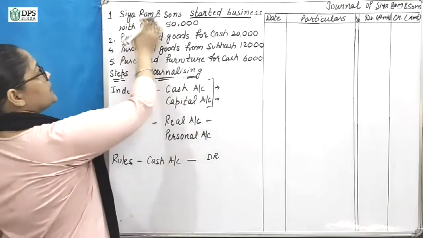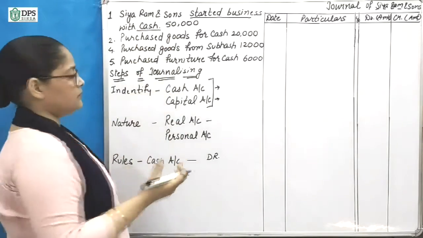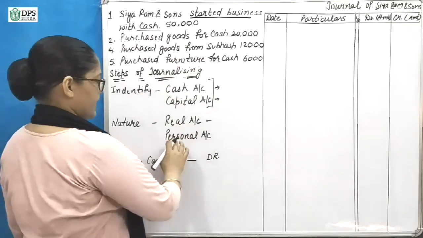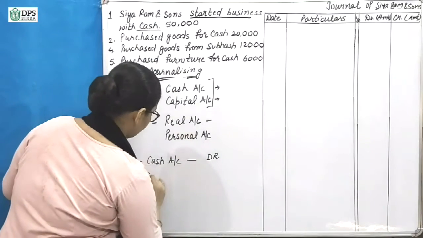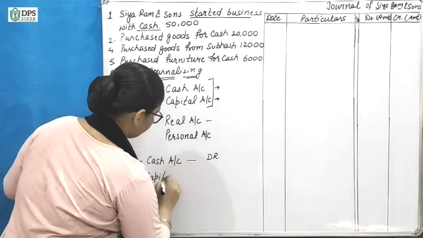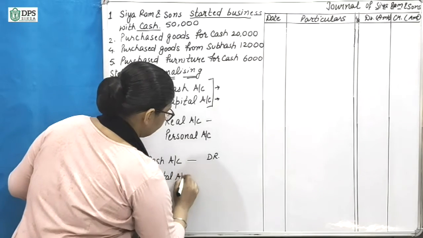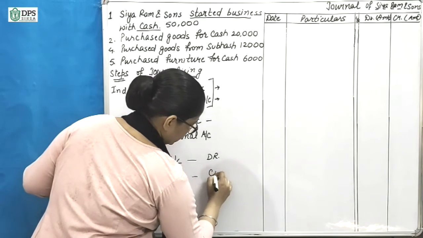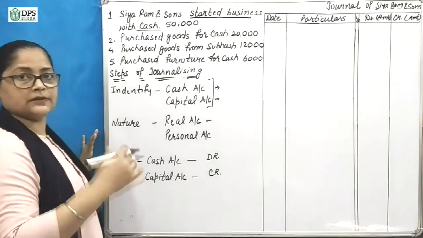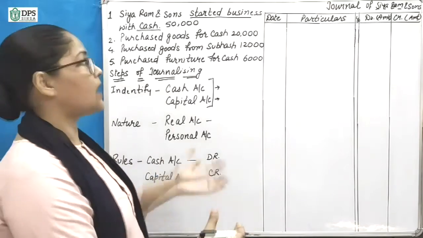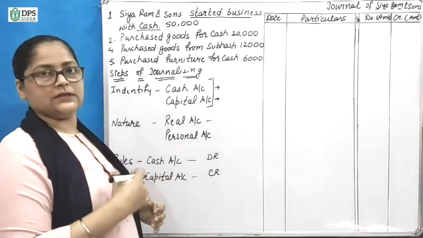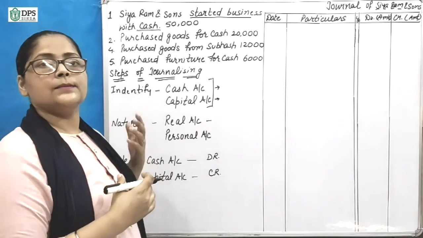So Siaram is credit. We will write here the capital account, Siaram's capital account, and it will be credited because Siaram is the giver here. He is giving to the business the amount of capital invested by him in the business.